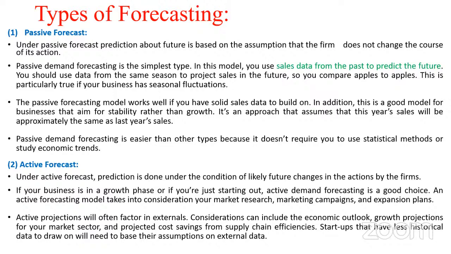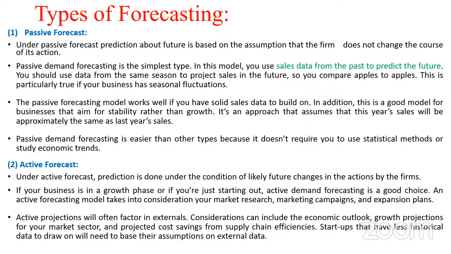Active projections will often include external factors, such as the economic outlook, the growth projections for your market sector, and the projected cost savings and supply chain efficiencies. Startups that have less historical data base their assumptions on external data. Okay.